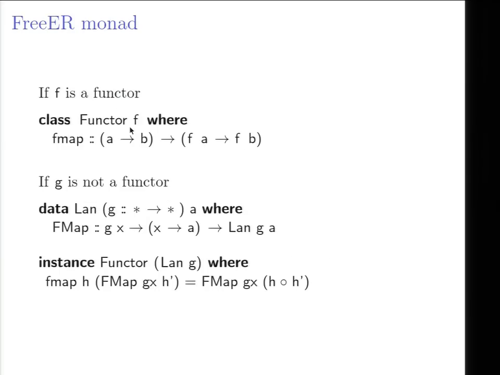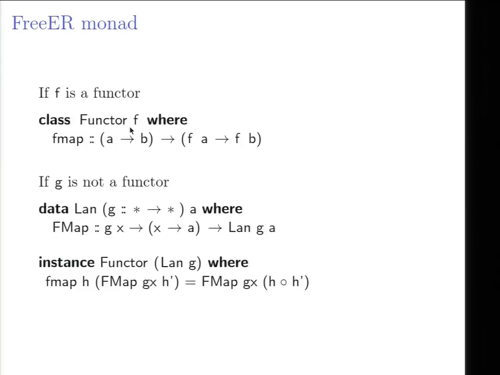Okay. Because it's such an important thing, let me show you a different, more theoretical way of looking at it. If we have an f and it's a functor, then we can write a functor instance for it. And if we have a g which is not a functor, obviously we cannot write a functor instance for it.